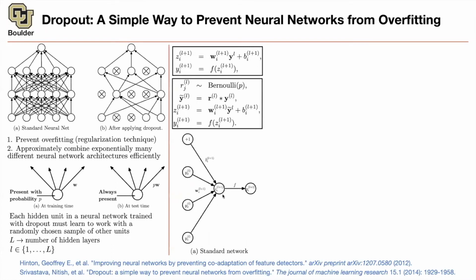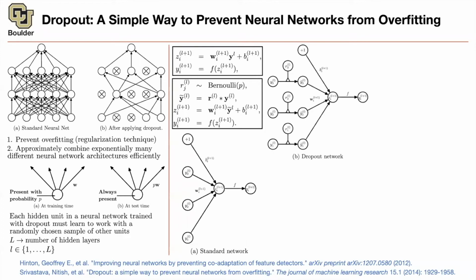So that's how you get your ith neuron at layer L plus 1. That's your standard neural network. And visually, you're going to create some random numbers here. They are either 1 or 0, and you multiply them to get your y tildes. So that's how you kill your neurons. If this number is 0, y3 tilde is going to be 0. It means that you're crossing it out, so it doesn't exist during training.